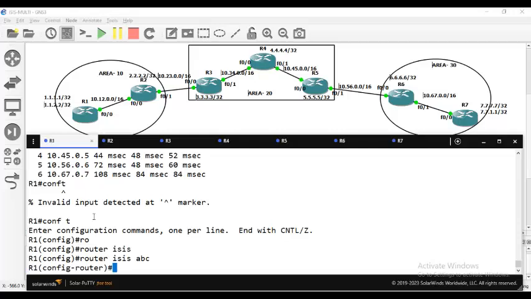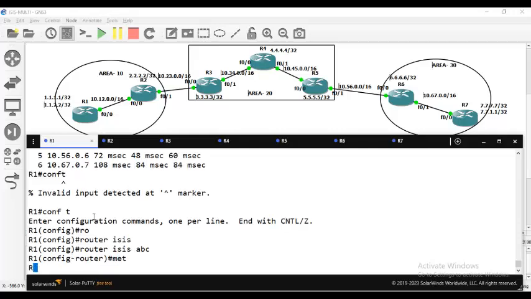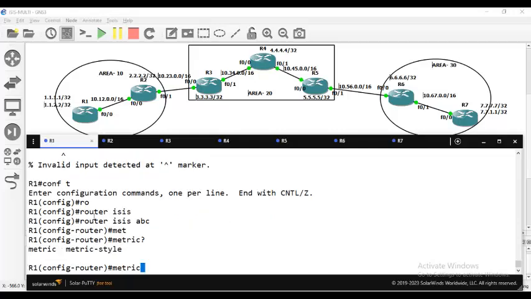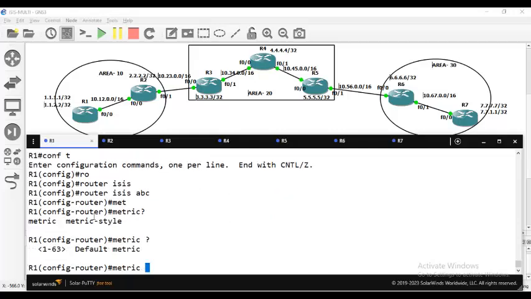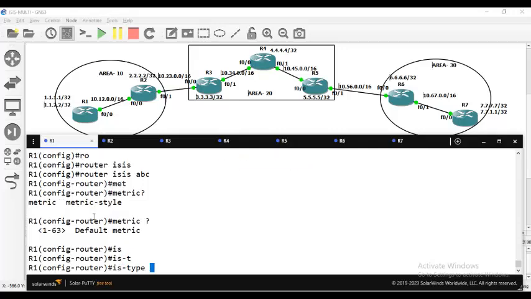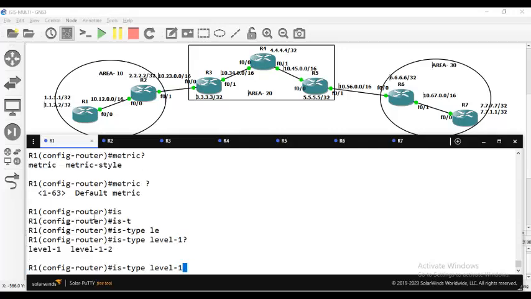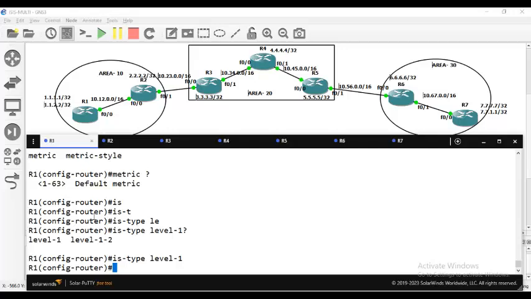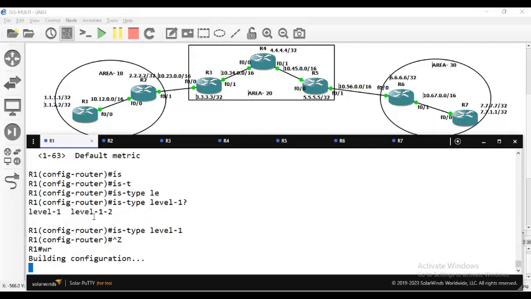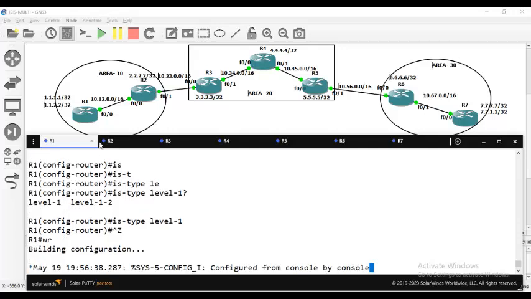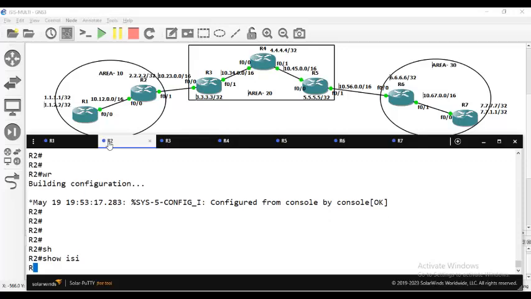Now you see, we will lose one neighbor. Earlier, when I was checking R2, show ISIS neighbor, I saw 2 adjacencies. Even now it shows 2 adjacencies, but this is timing out. You see, it will go now. Microsecond, millisecond, gone. R1 has completely gone. Now it will come back with only L1. L2 will not come back.